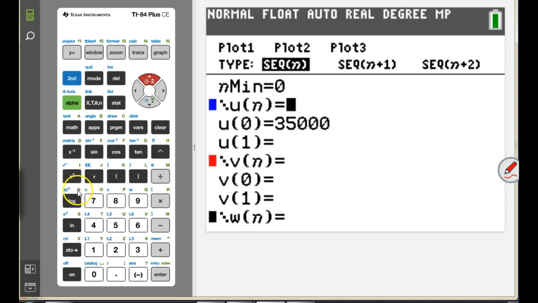It's this little U above the 7 here. Does everybody see it? So we have to go second 7 to get the little lowercase u. And then you just put parenthesis and use your x, t, theta, n key to get n minus 1. And it knows that you mean that as a subscript.